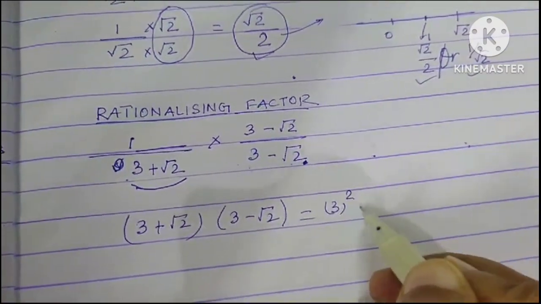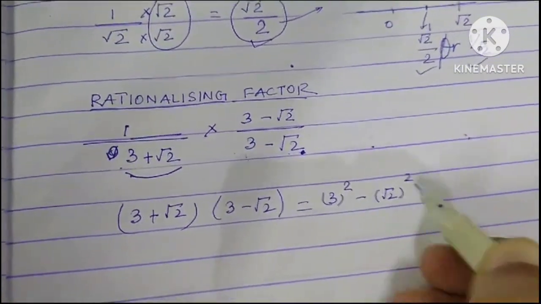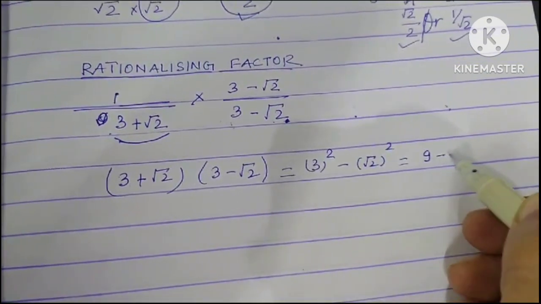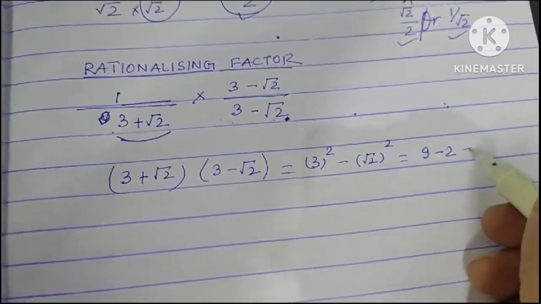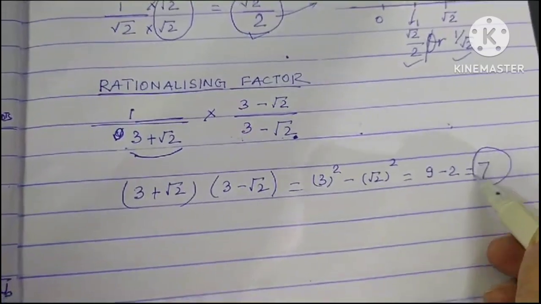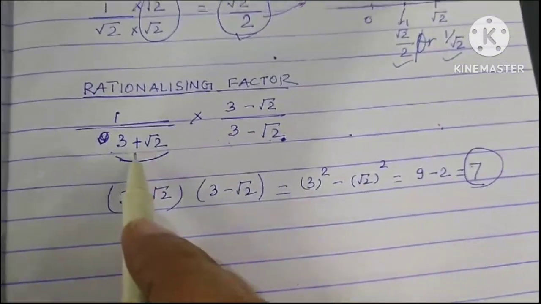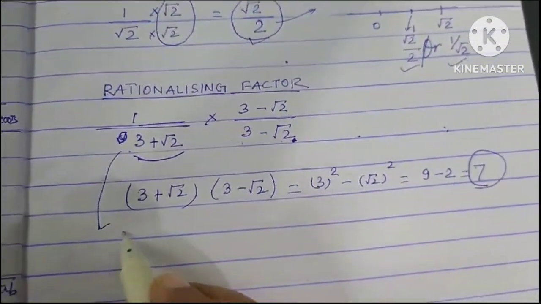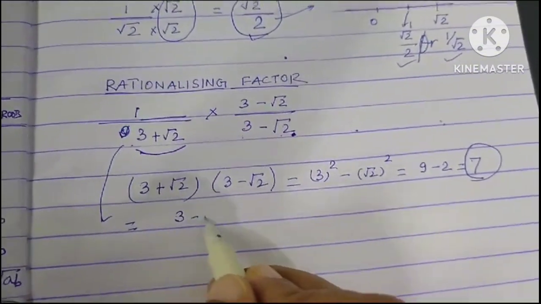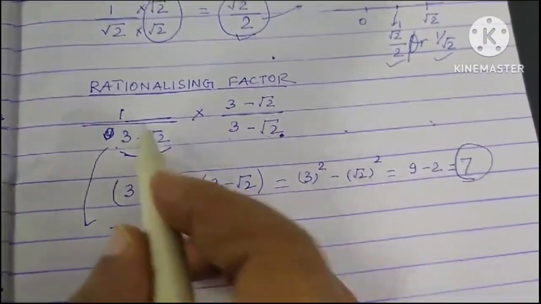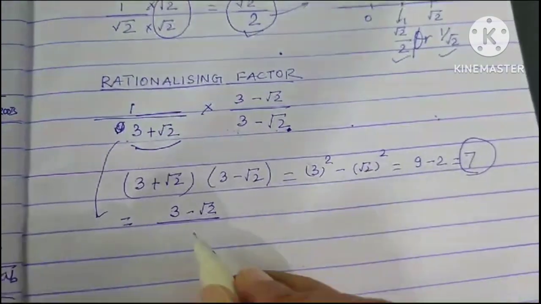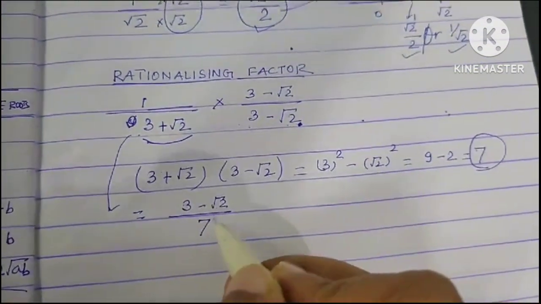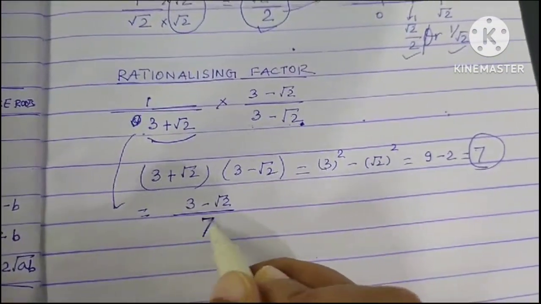That means 3 square minus root 2 square, that will be equal to 9 minus 2. Root 2 square is equal to 2, so that is equal to 7. So this comes out as a rational number. That is why we multiply with this. Now this expression will become 3 minus root 2 in the numerator, and in the denominator it will be 7. Now the denominator is a rational number.